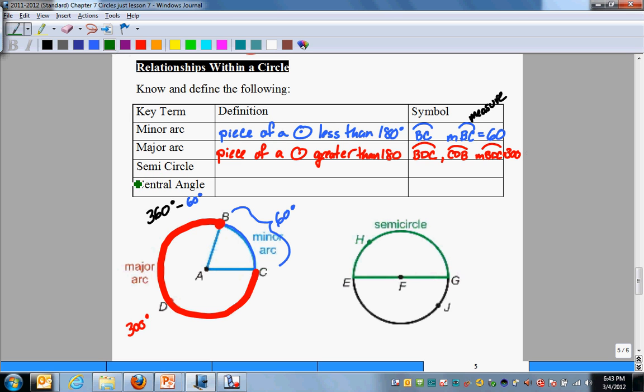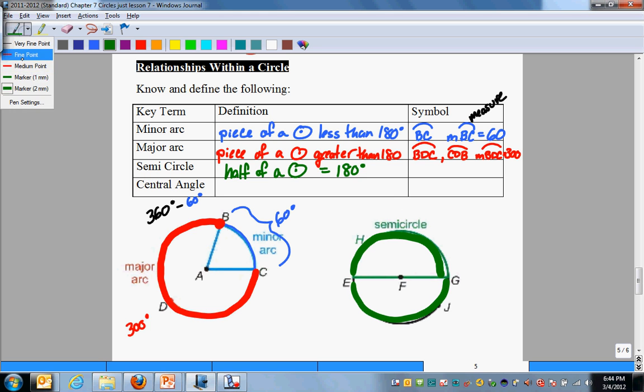A semicircle means exactly half a circle. Degree-wise, that's of course always going to be 180 degrees. We use 3 letters for a semicircle, just like a major arc. So that would be one semicircle. This would be another using this circle.